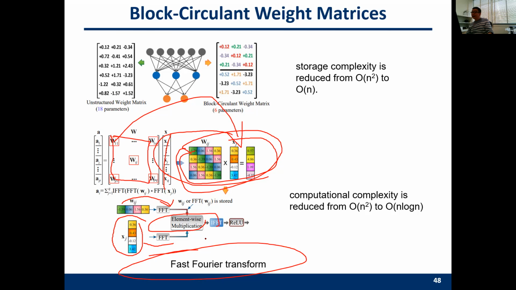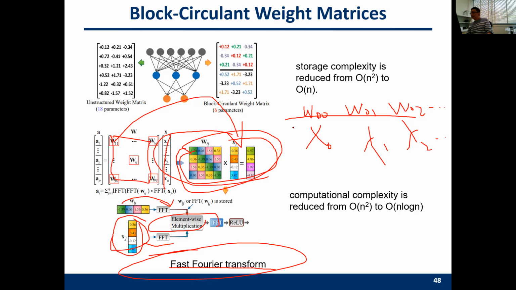The element-wise multiplication means, for example, we have W00, W01, W02. These W are the W after this fast FFT transformation. We also have X0, X1, X2. These X are also after the FFT.